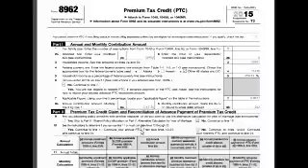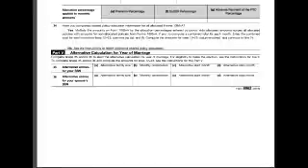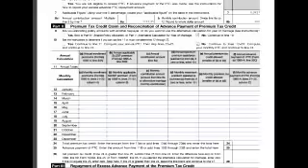It's just going to be your annual premium tax credit. You will find it on form 1095-A, line 33. In my case, I click no, and I'm going to skip line 11 and go straight to line 12.